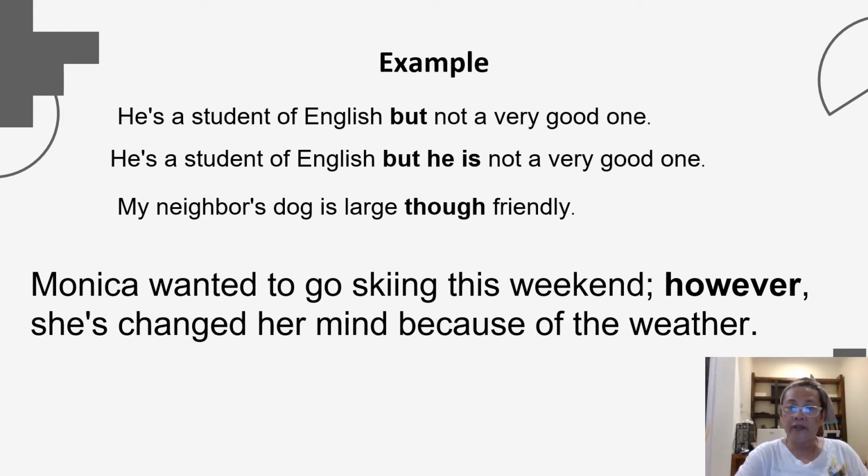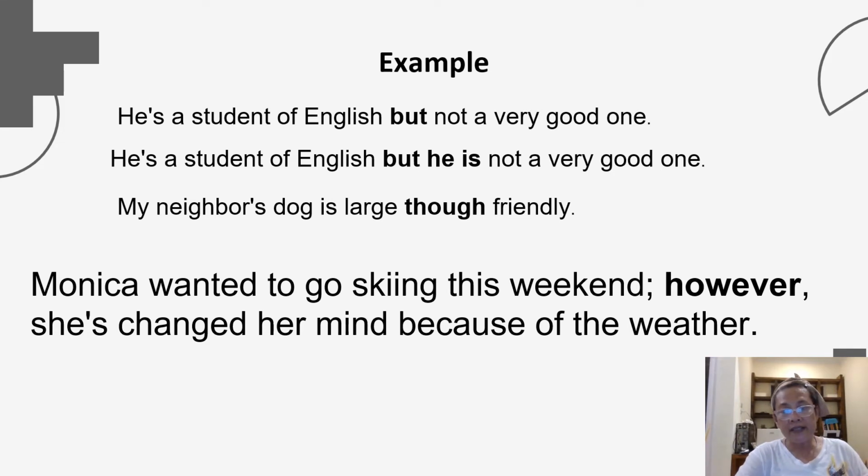He is a student of English, but he is not a very good one. Jadi di sini perbedaan antara sentence yang pertama dan yang kedua adalah perbedaan antara not a very good one dengan he is not a very good one. Semuanya dapat digunakan, namun berbeda. Yang atas bukan clause, yang bawah ini adalah clause.